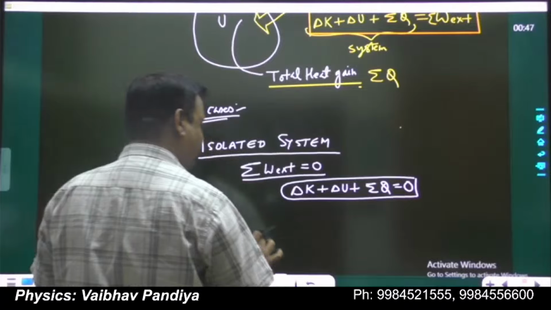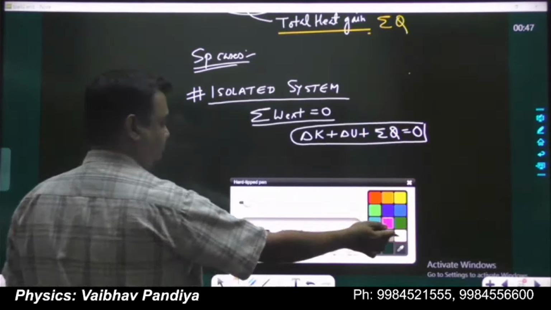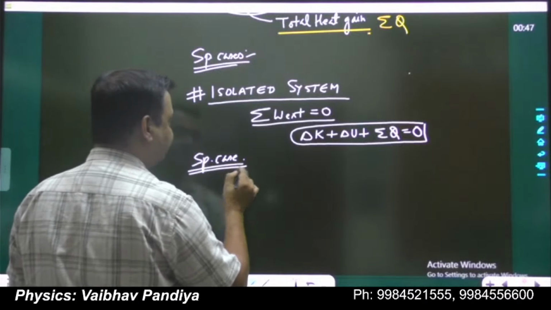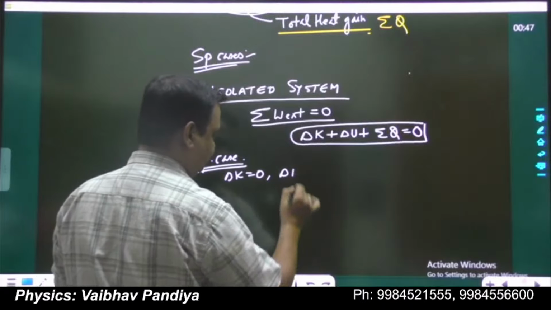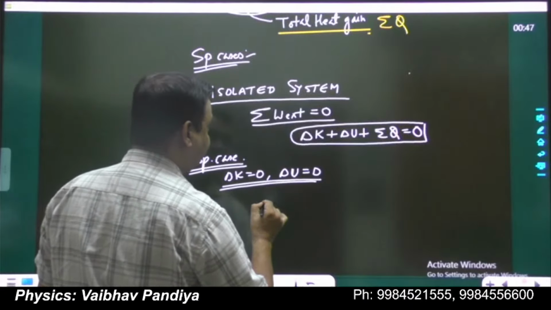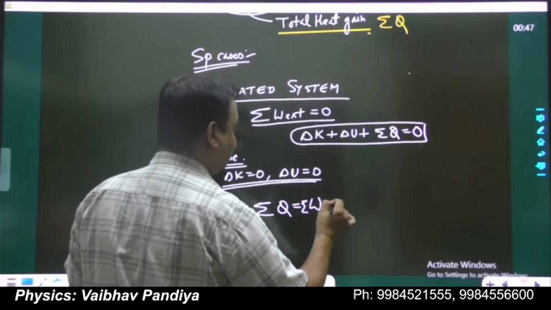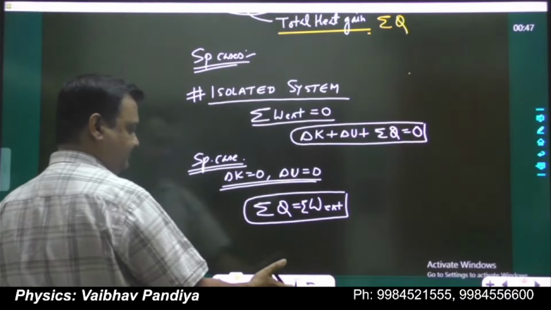Okay. Now another special case. If there is no change in the kinetic energy and no change in the potential energy, so your conservation of energy will give the equation: the net heat gain is equal to the total work done by the external agent, correct?